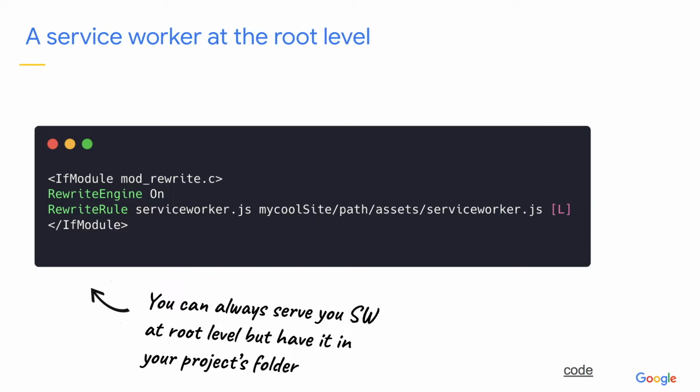On one website that I have, my service worker, the actual file, is in my front-end code, but I serve it at the root thanks to this Apache rule. So when I hit awesomewebsite.com/service-worker, we return the file that is actually at my code website /path/asset/service-worker, and so on.